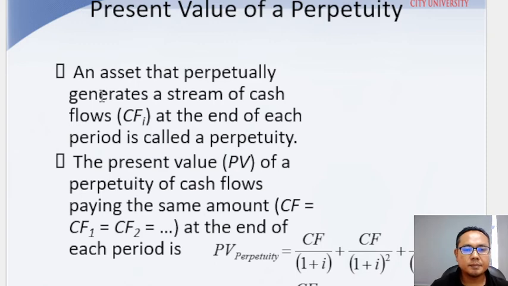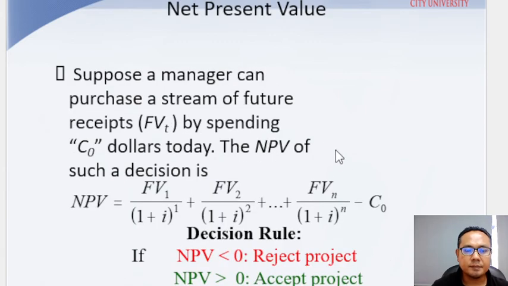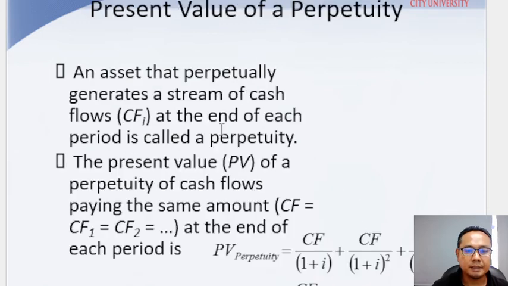An asset that perpetually generates a stream of cash flows at the end of each period is called a perpetuity, and its value is the present value of perpetuity. It's different from the previous case, where you know when your project will end, how many years, and you simply subtract your cost of spending.